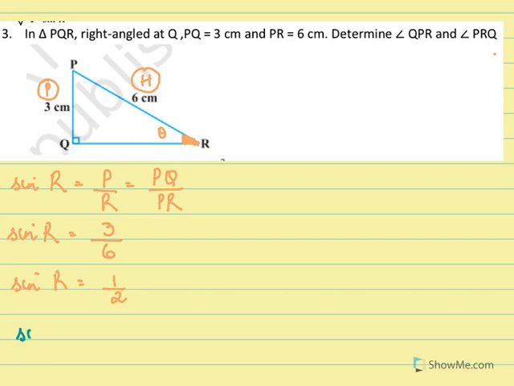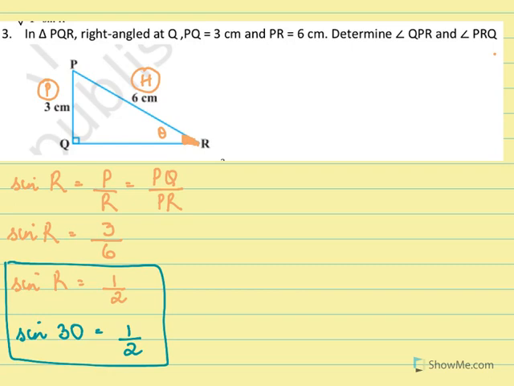Now we know sine of 30 is 1 by 2. So when we compare both these, we know that R equal to 30. So in this triangle PQR, here R is 30 and Q is 90.